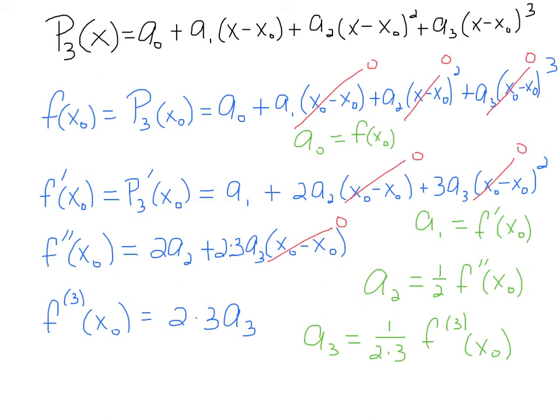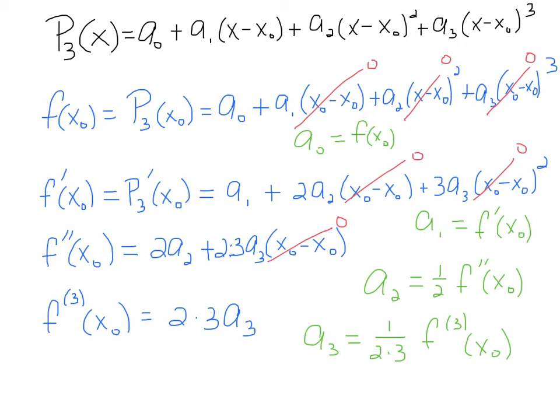For the second derivative at x naught, all the other terms go to 0, and we solve for a2 and get one half f double prime of x naught. Similarly, a3 will be 1 over 2 times 3, times the third derivative applied at x naught.